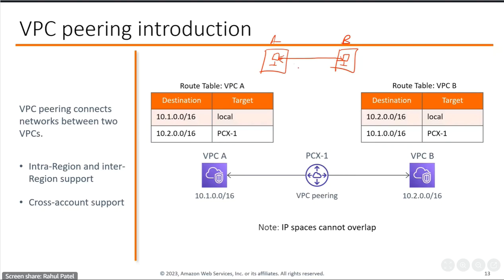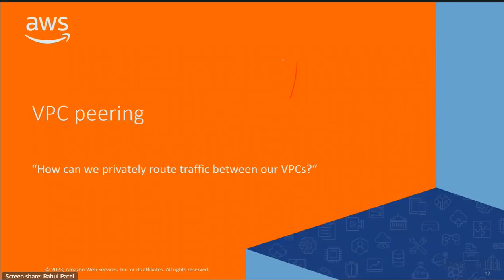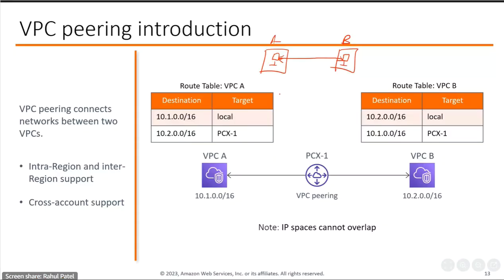If they communicate, the traffic is going to go over the public internet in general. But the question here is, we want to keep our connections private, or privately route the traffic between VPCs. So how can we achieve this?